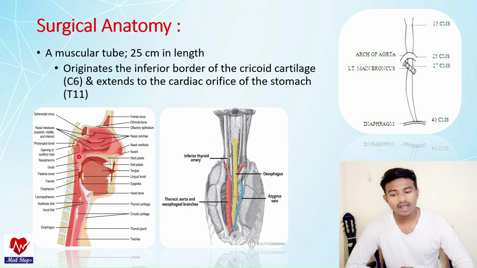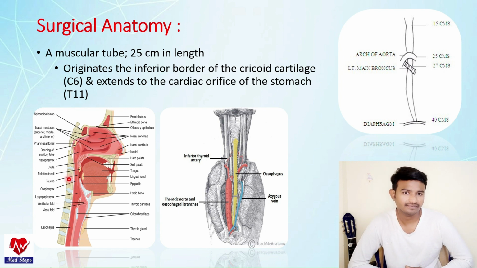Coming down after the soft palate, the place posterior to the mouth is the oropharynx. Coming down to the epiglottis, posterior to the larynx, you will get the laryngopharynx. Between the nasopharynx and oropharynx there is the soft palate, and we also call it the uvula. Between the oropharynx and laryngopharynx there is the epiglottis.